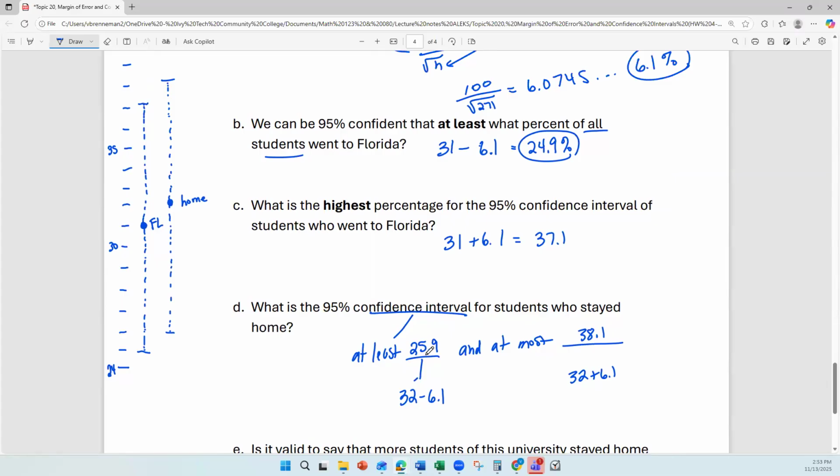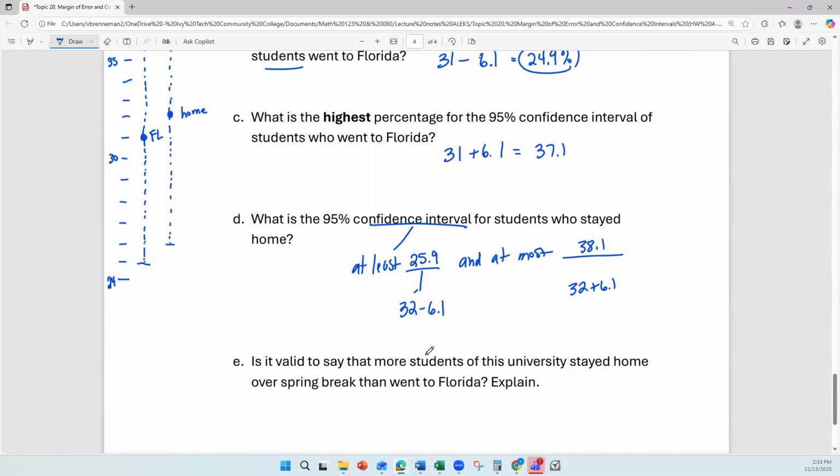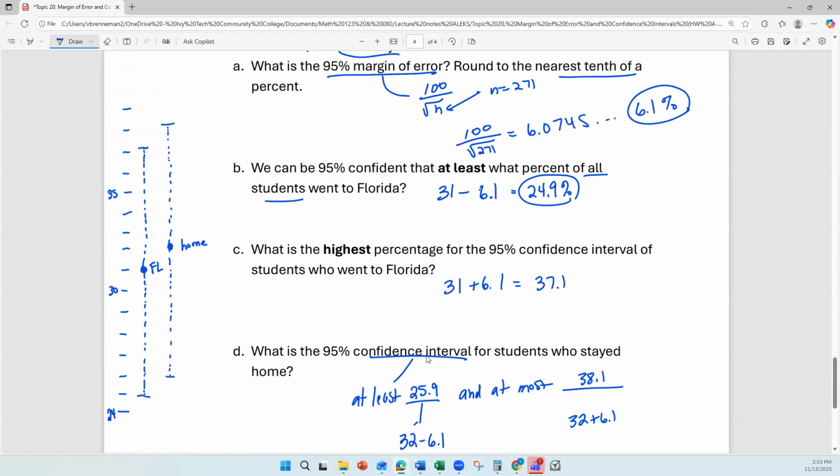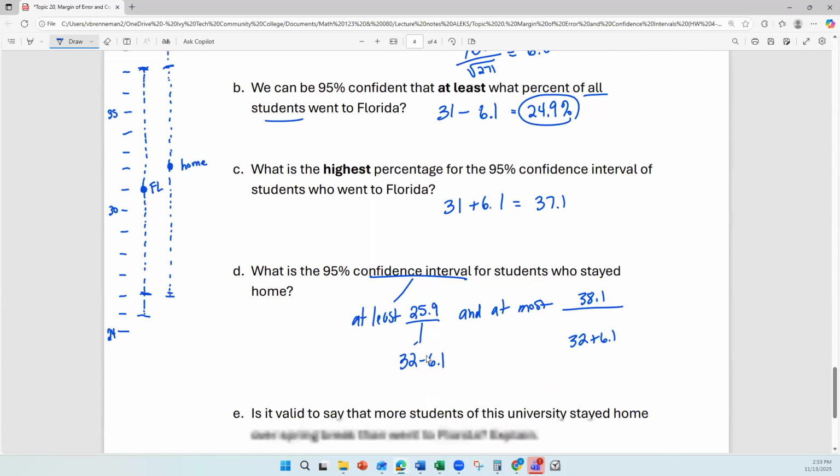So is it valid to say more students stayed home over spring break than went to Florida? Of those who responded to the survey, sure. Of everybody, I can't be sure of that because we have a lot of these possibilities for those that stayed at home could end up below the possibilities for those who went to Florida.